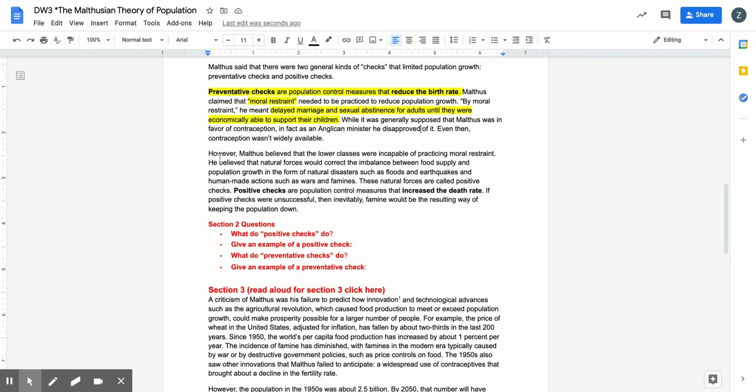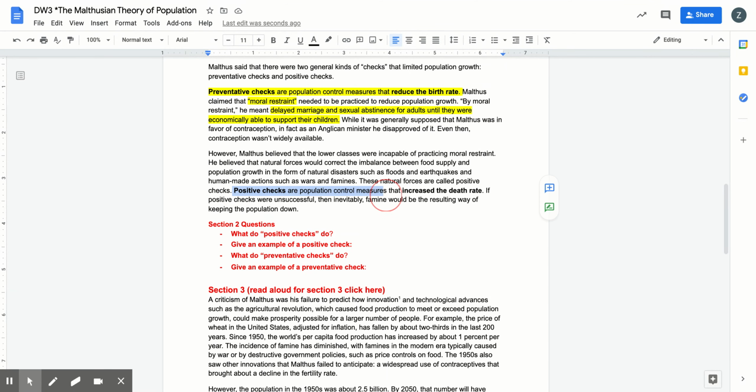However, Malthus believed that the lower classes were incapable of practicing moral restraint. He believed that natural forces would correct the imbalance between food supply and population growth in the form of natural disasters, such as floods and earthquakes, and human-made actions, such as wars and famines. These natural forces were called positive checks.